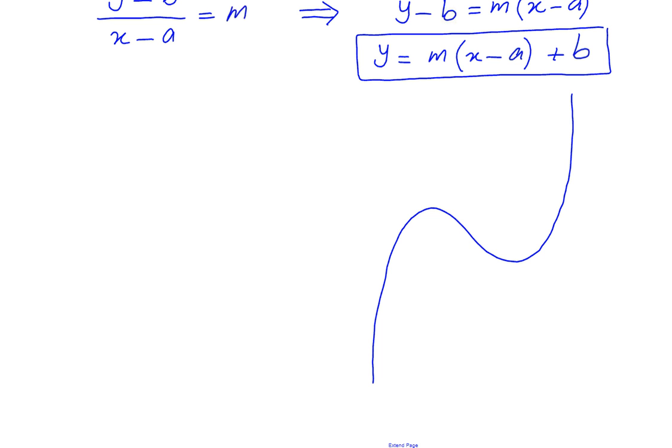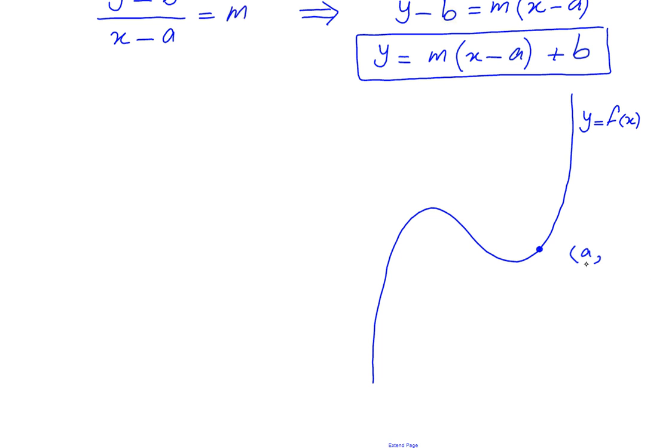Let's consider the curve of a function y equals f of x. And let's say at a certain point here, where the x coordinate is a, therefore the y coordinate can be found by substituting into the function.